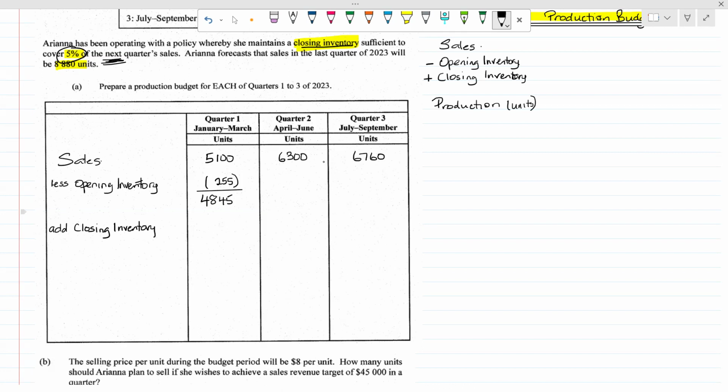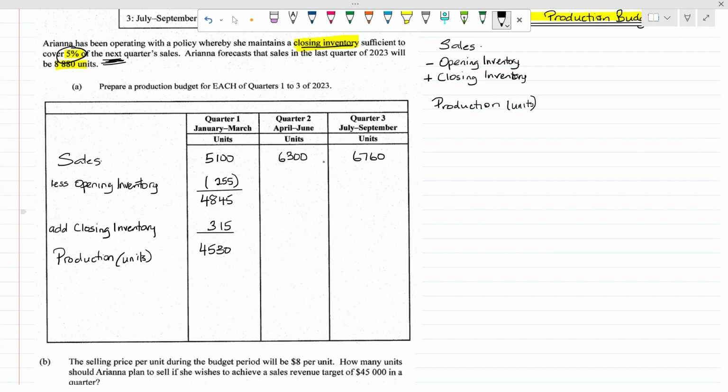So my closing inventory for here is going to be 5% of the 6,300. Follow? So 6,300 multiplied by 0.05, we're going to get 315. So 4,845 plus 315 is 5,160. This is going to tell me the production that I need to do in terms of number of units.